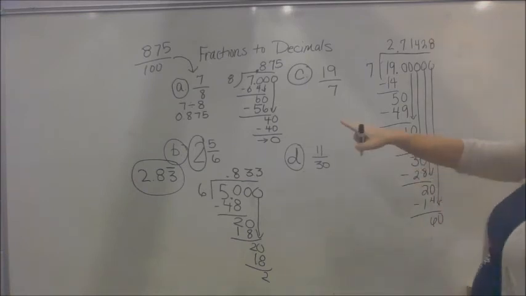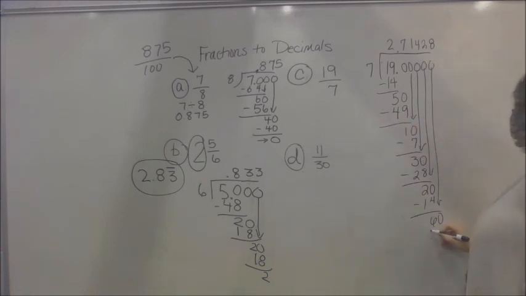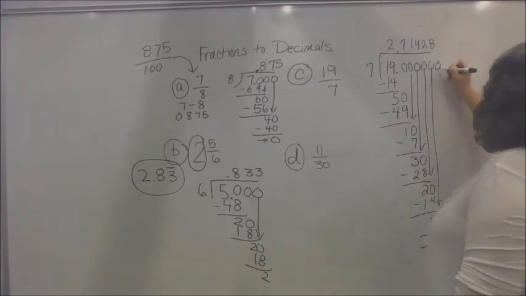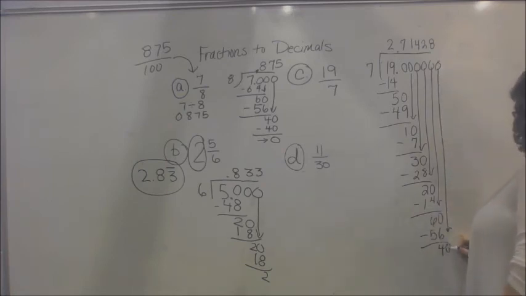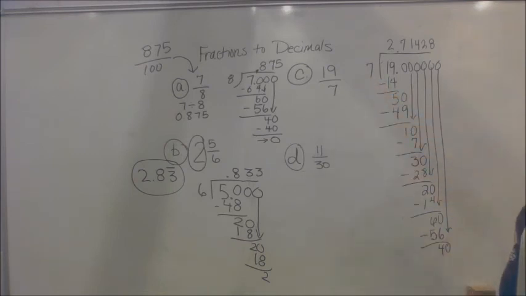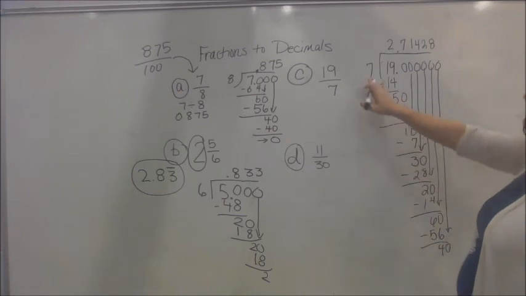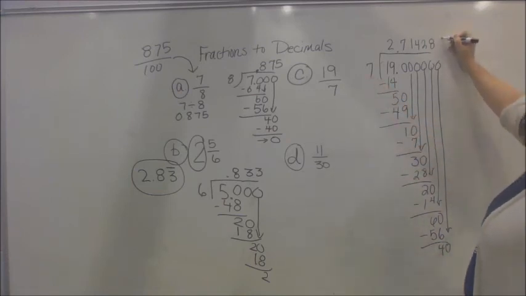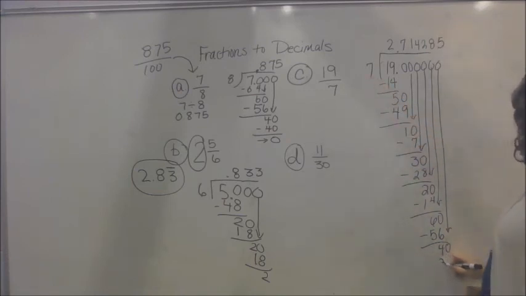Well, we did that over there, 56. Whoa, goodness gracious. 7 goes into 40, how many times? 7 times 5 is 35, and then I have my 5 here.